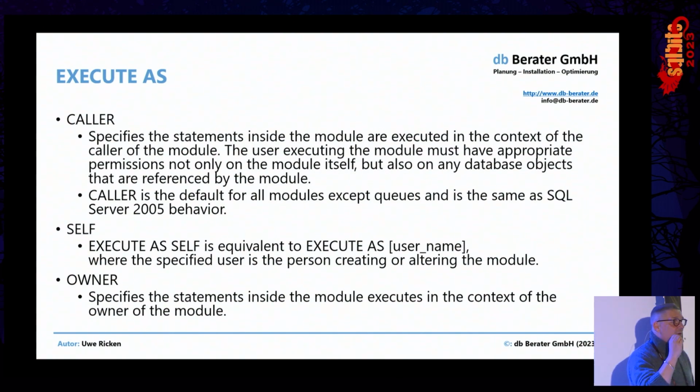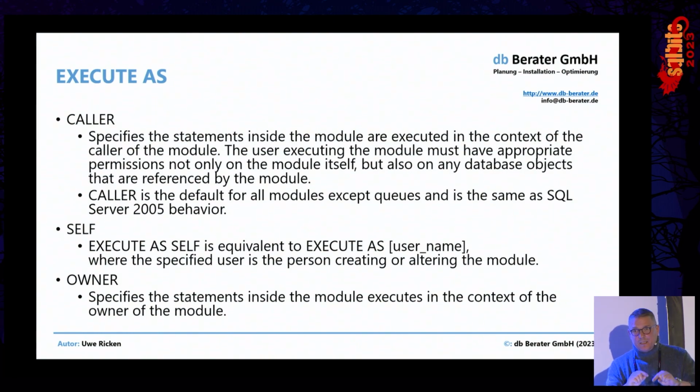And then comes a very dangerous thing, EXECUTE AS OWNER. And the option EXECUTE AS OWNER means that we are executing the code inside the stored procedure as the owner of the stored procedure. Who is normally, when you do the development and deploy it, the owner of a stored procedure? The DBO.